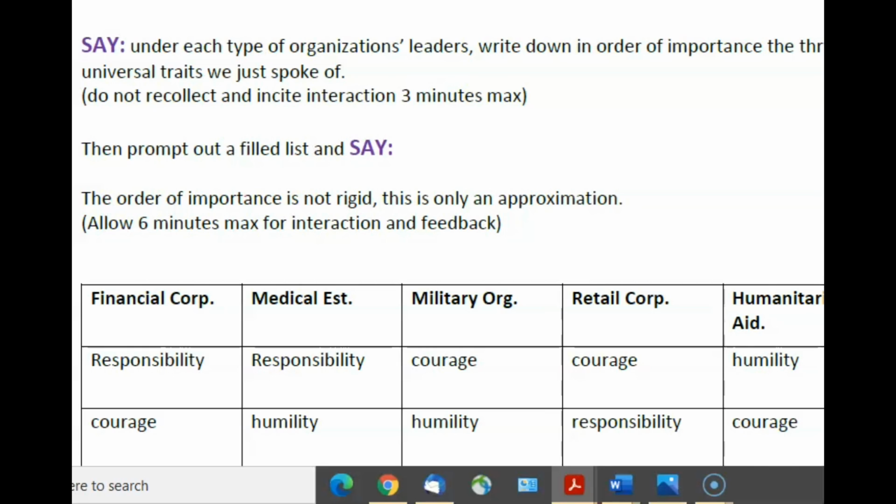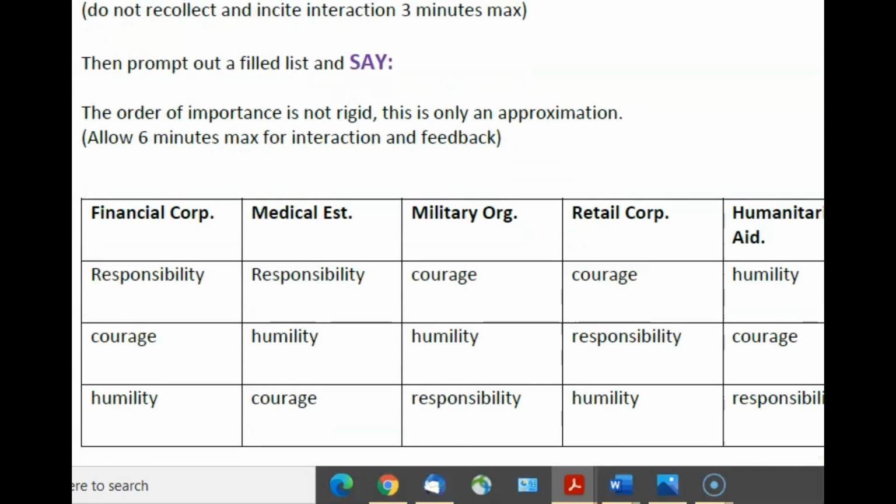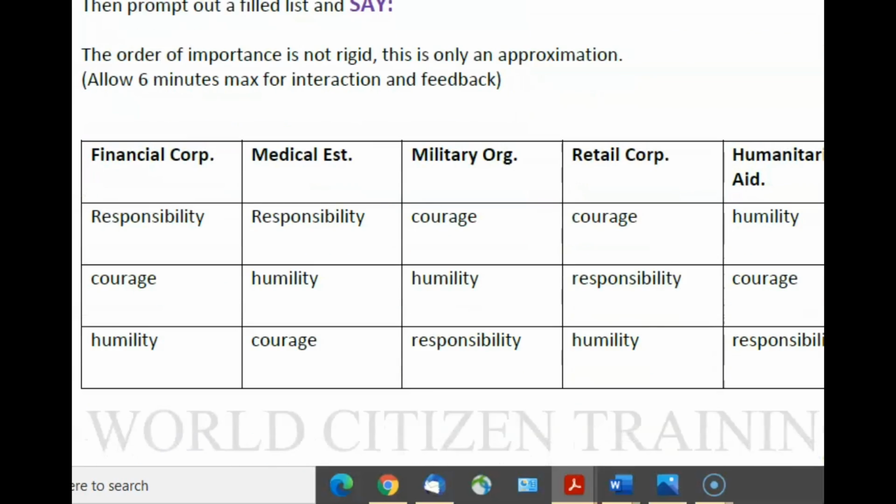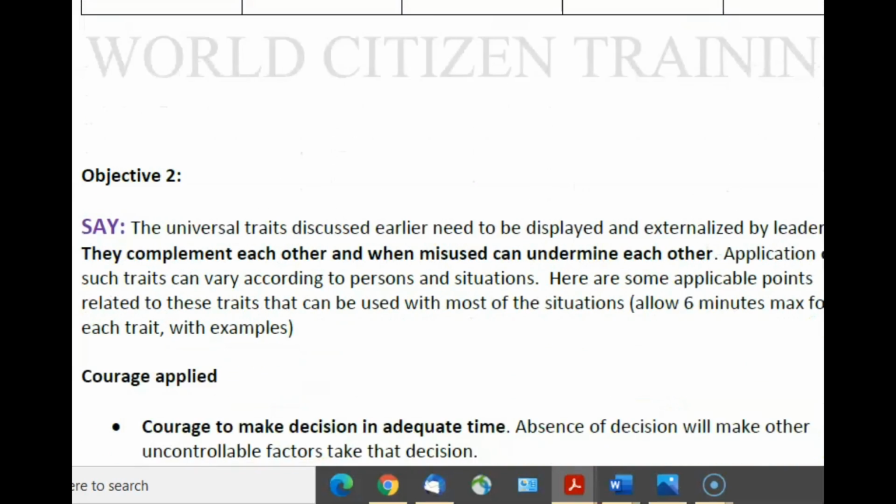We've asked you to jot down, based on those 10 skills that we say are critical, which do you think are most necessary for leaders in these different roles? So we're saying that every one of them is important, but depending on the role, one or more of those traits might be kind of a deal breaker, or more or less significant or useful. So we want to see what their perception is about that.